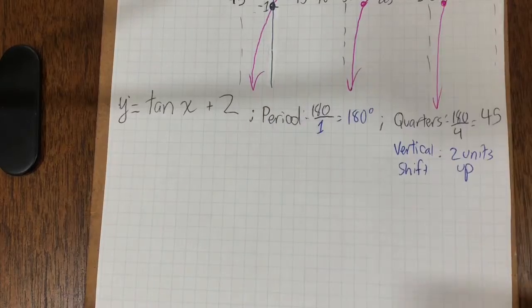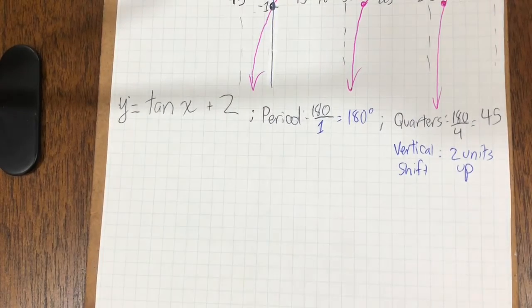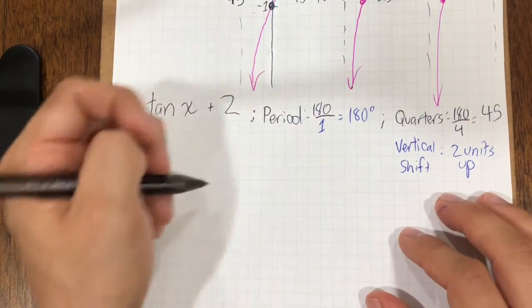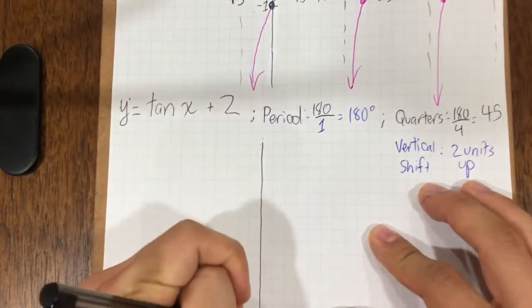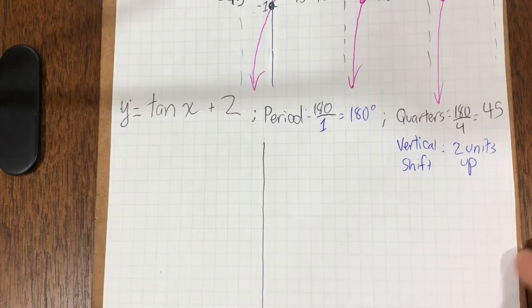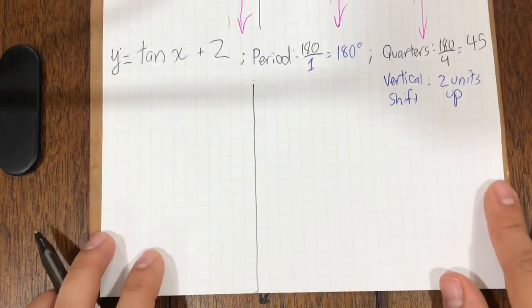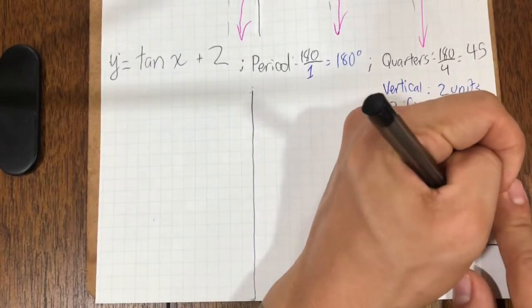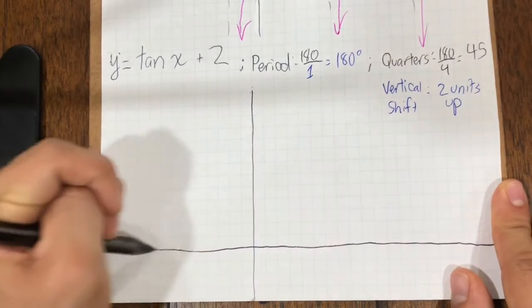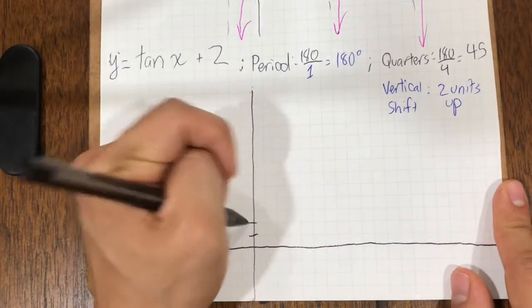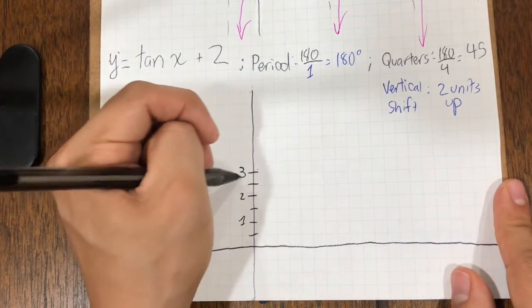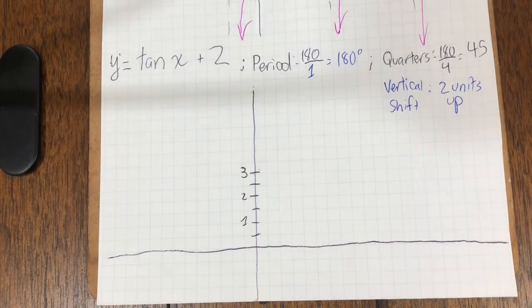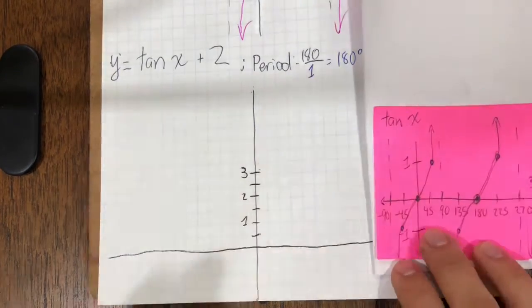All right, so let's go ahead and make my new graph. I'm gonna do it over here. And then I'm going to lower the x-axis since the majority of the graph is gonna happen above it. All right, so I have 1, 2, 3. So let's go ahead and make my graph. So we start at 0, 0.